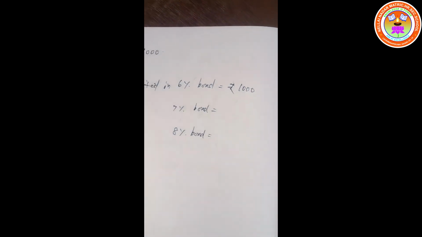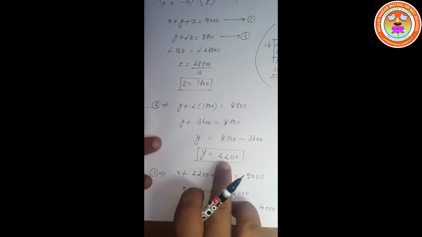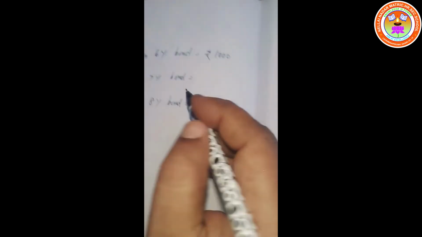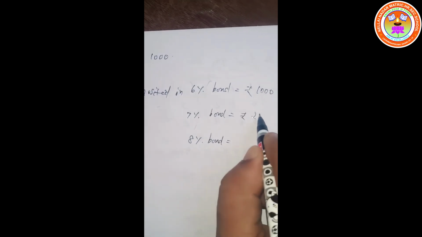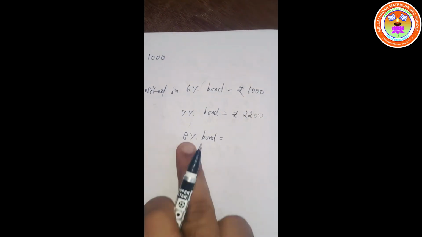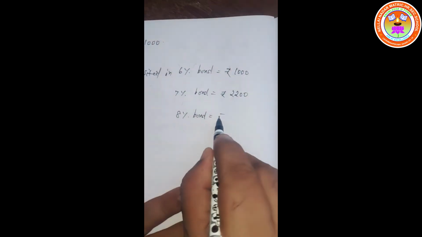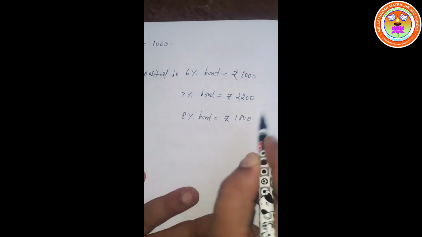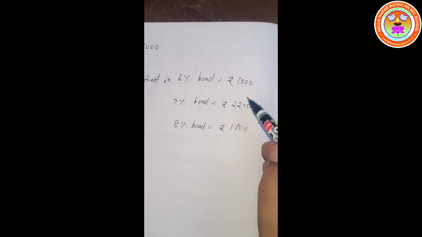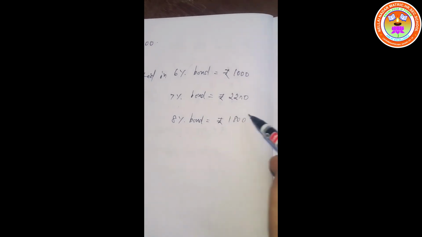For 7% you have to write the value of y, that is 2,200 rupees. And for 8% you have to write the value of z, that is 1,800. Just for verification, if we add, you will be getting 1,000, 3,200, 5,000 in total. What is given? Already you are given that the total amount deposited is equal to 5,000. Here it is, correct?